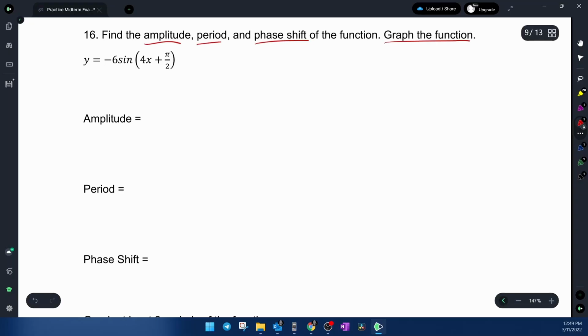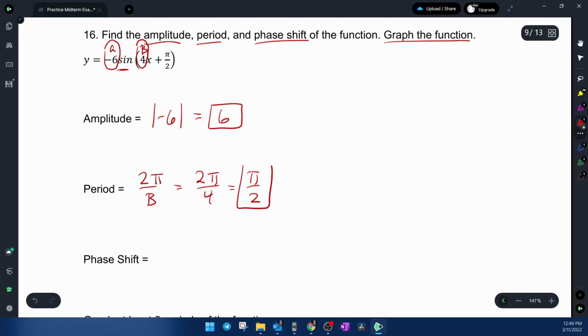Number 16, we want the amplitude, period, and the phase shift. And we need to graph. So the amplitude comes from the lead coefficient, which is always positive. The period for sine or cosine is 2 pi over b. B is the coefficient of x, which would be 2 pi over 4, which reduces to pi over 2.